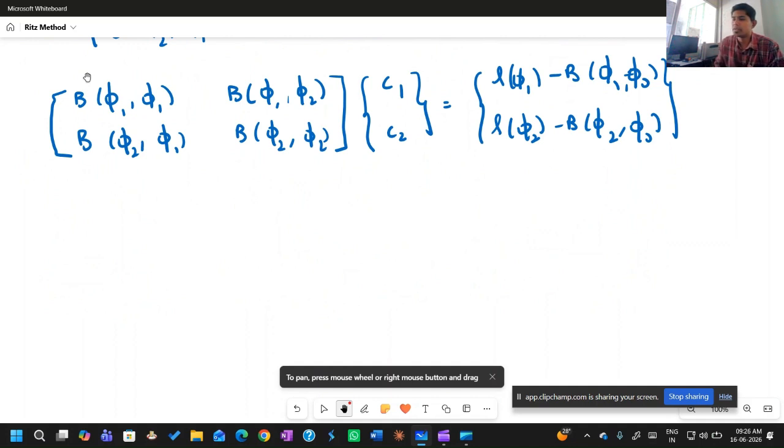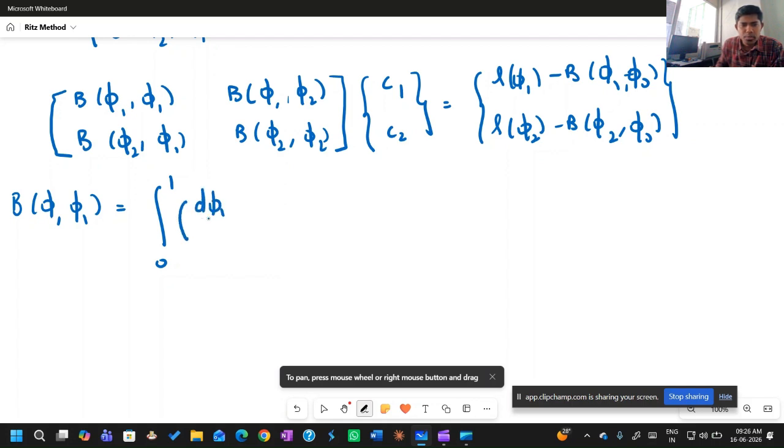To evaluate the components, we have to evaluate individual components of these expressions. So we have to start with the first expression. Okay, let us evaluate this bilinear function of pi1 comma pi1. So we will be getting integral 0 to 1 of d pi1 by dx multiplied by d pi1 by dx minus 4 pi1 dot pi1 into dx.